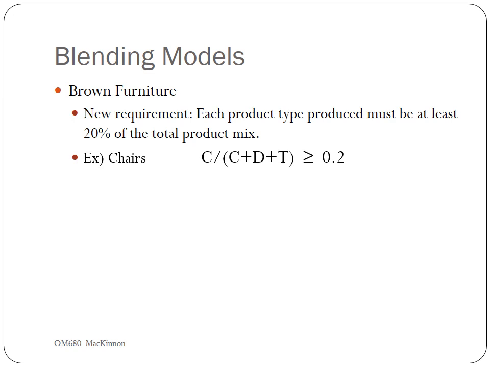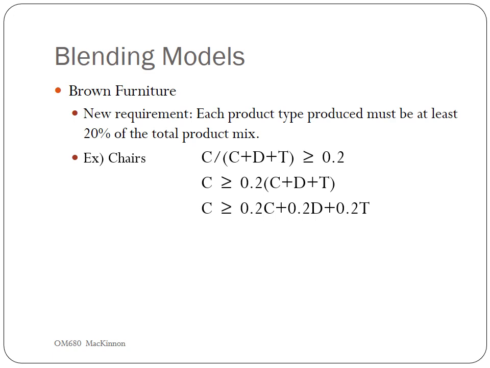The problem is this isn't linear. So this is not going to work with the linear solver, which is what we want to stick to because it's the most powerful. So we're going to have to play around with this a little bit. What we do is we move C plus D plus T over to the right hand side through multiplication. And then we multiply that 0.2 through.